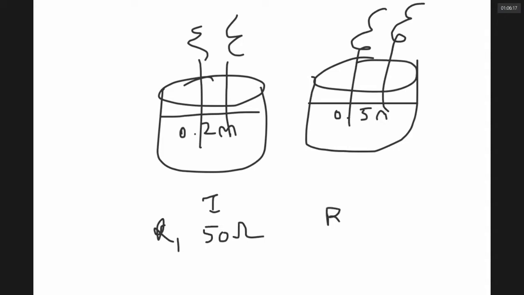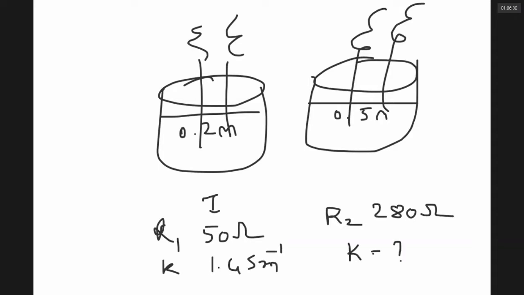What is the specific conductance of the first, sir? 1.4 Siemens per meter. The specific conductance of the second they did not give. Its molar conductance they are asking. That's the problem. Sir, how can I find the molar conductance of anything?